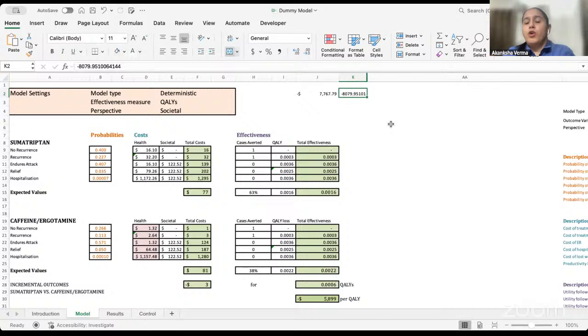Similarly, you change your different parameters, not all parameters, but key parameters which you think might affect your results, or which have more uncertainty around them. You don't actually do it one by one. There are VBA codes to do this for one-way sensitivity analysis.